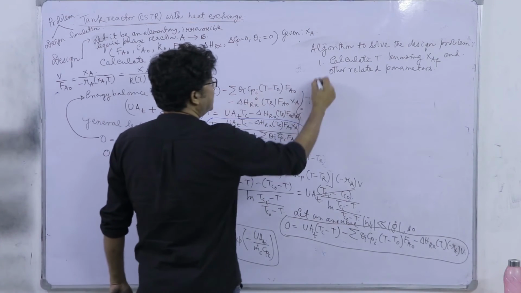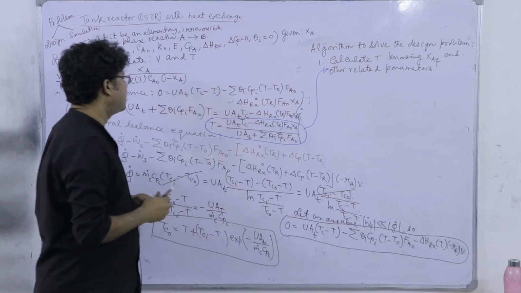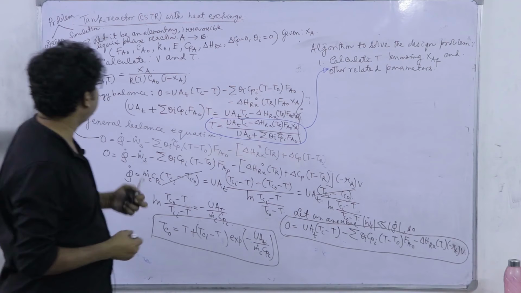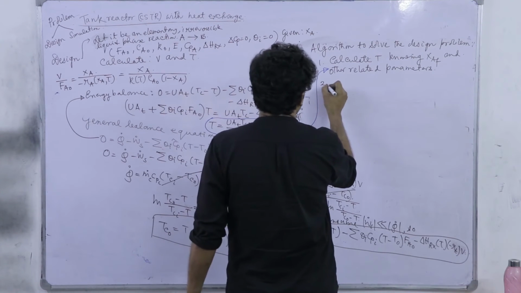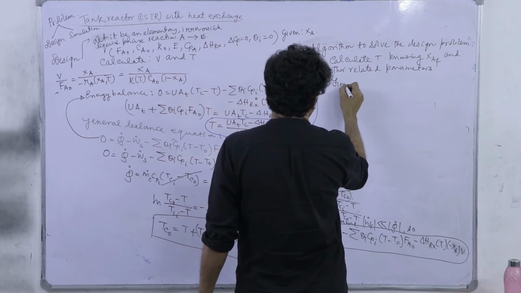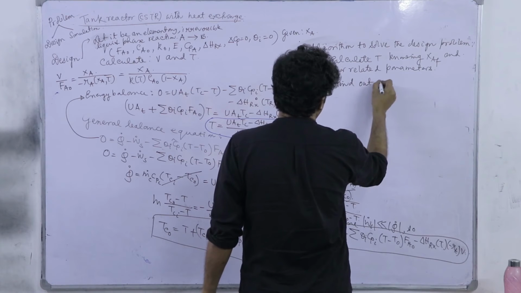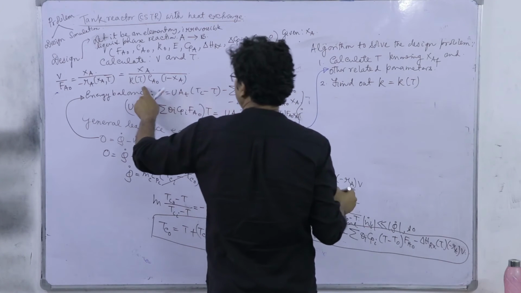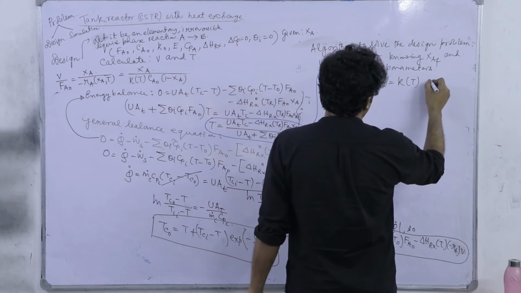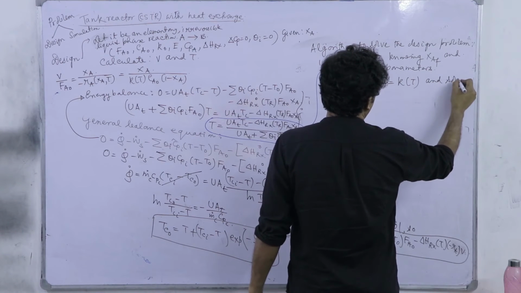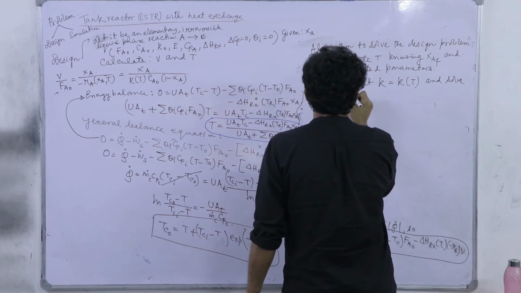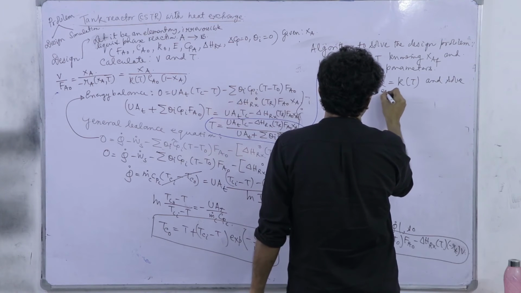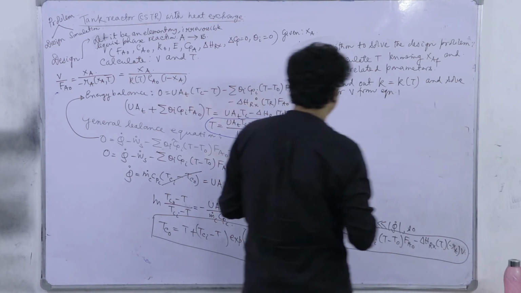We can calculate T here, and definitely from the other equation calculate the volume. So, next is find out K, which is a function of T, that is the only problem here, and solve for V from equation 1.